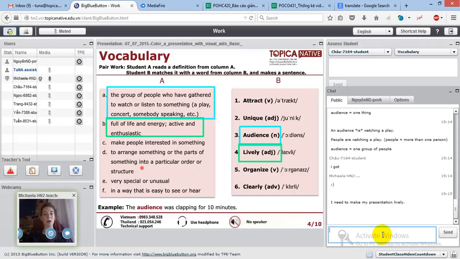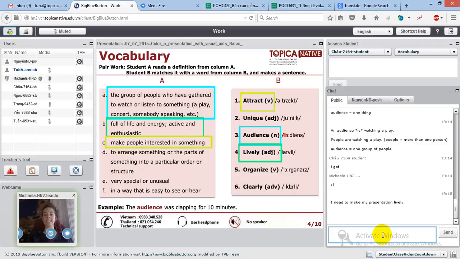Nice sentence, no? Okay, Chan, can you please read the words for us? Yes. Attract. Unique. Audience. Lively. Organize. Clearly. Very nice. Make people interested in something. I think it is the word attract. Attract. Yeah, to attract people, make them interested.